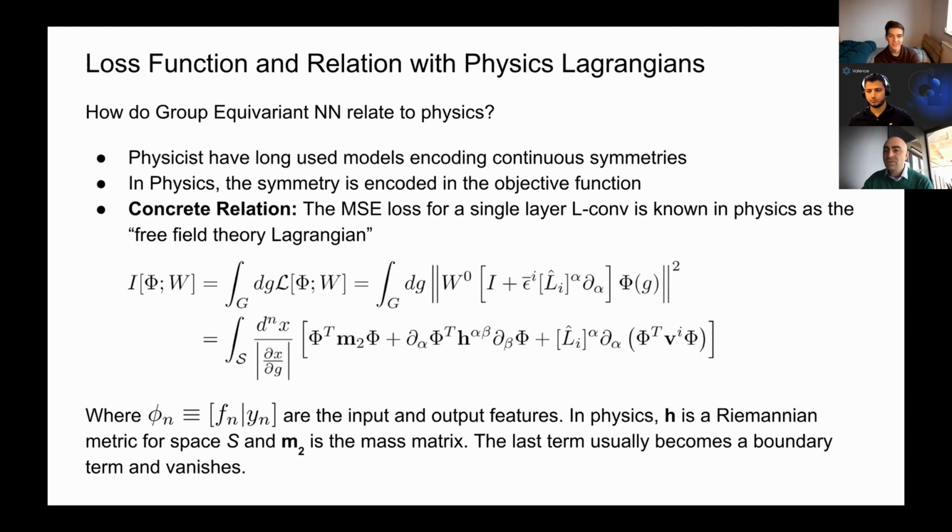Basically, this phi is both your input and output. Then the mean square error looks exactly like the simplest kind of Lagrangian that people write in physics for continuous spaces. It's called the free field theory Lagrangian.